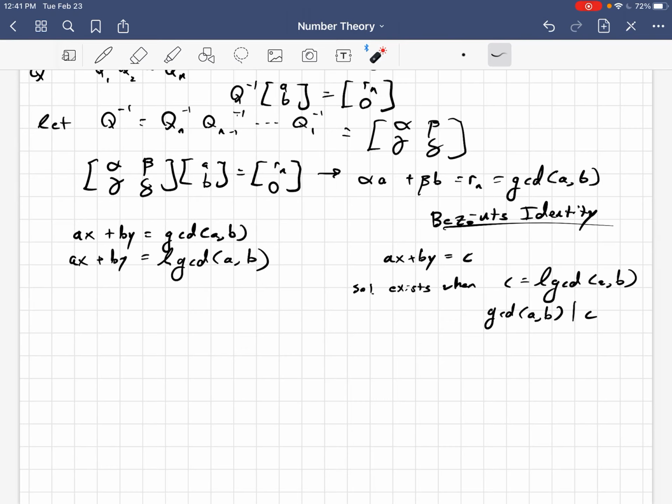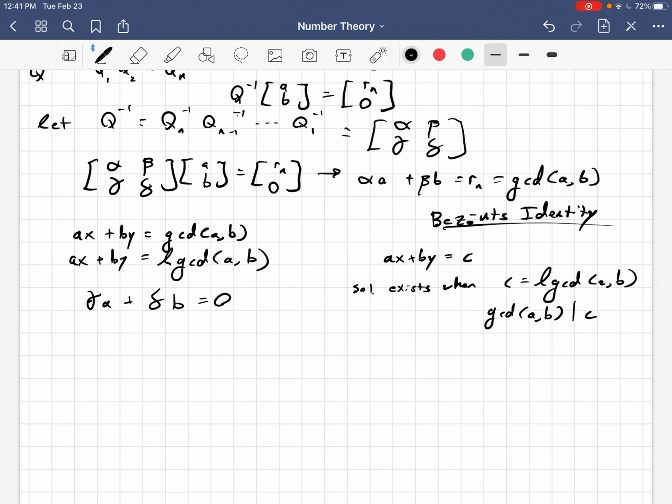Now, even further, we know that from the second, when I do this row dotted with this column, I get that gamma A plus delta B is equal to 0.